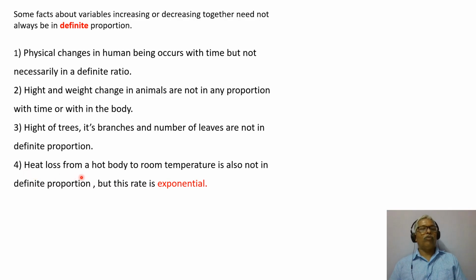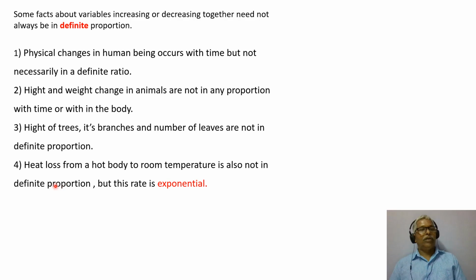Heat loss from a hot body to room temperature is also not in definite proportion. If it is 1000, from 1000 it will come down to 900 within a few minutes. From 900 to 800 it will take more time. Similarly, from 200 to 100 it will take still more time than all other intervals.